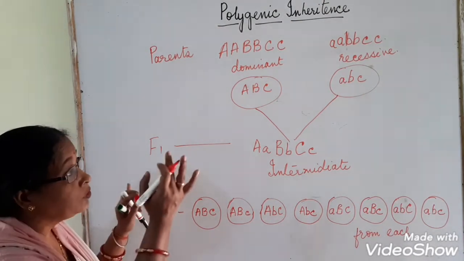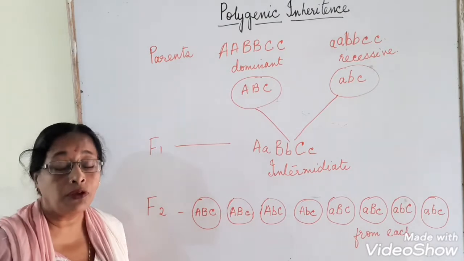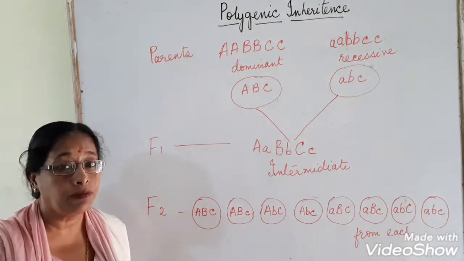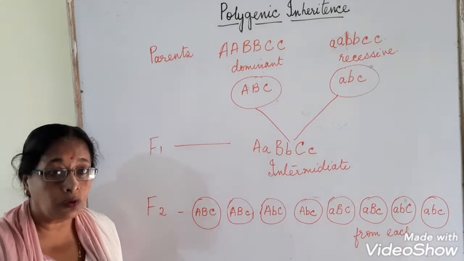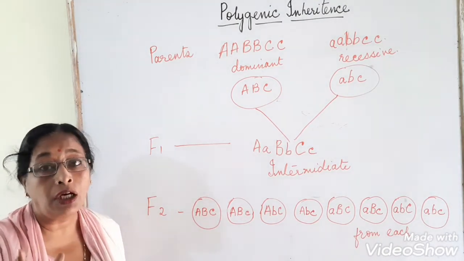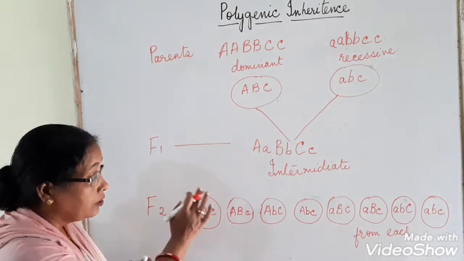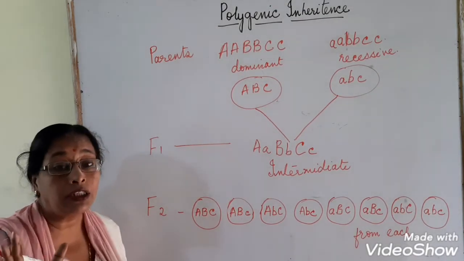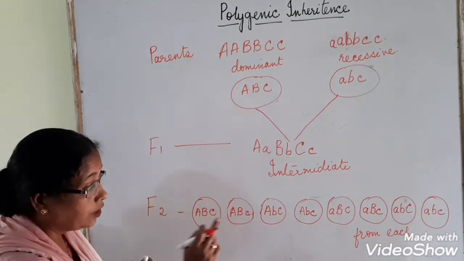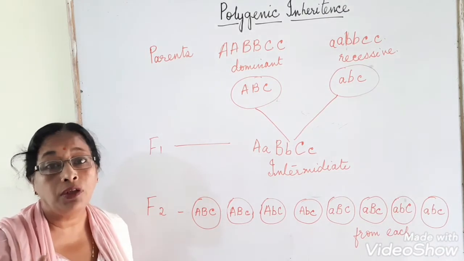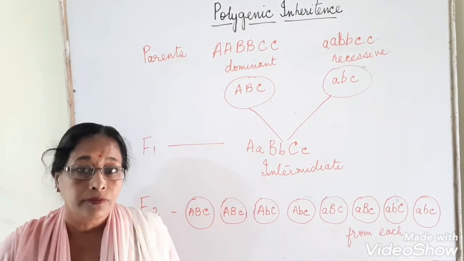Now I am not going to draw the Punnett square because it is not asked in any of the examinations. It is very time taking. So we must know the number and the ratio which we get in the Punnett square. That means out of these 8 gametes, 8 allelic forms, we are getting 64 phenotypic forms.